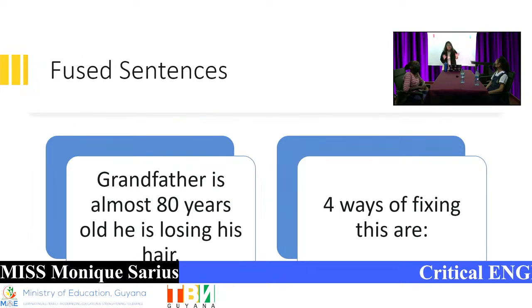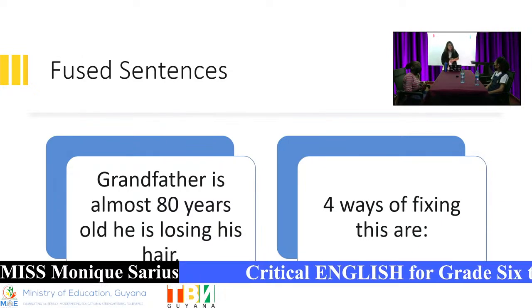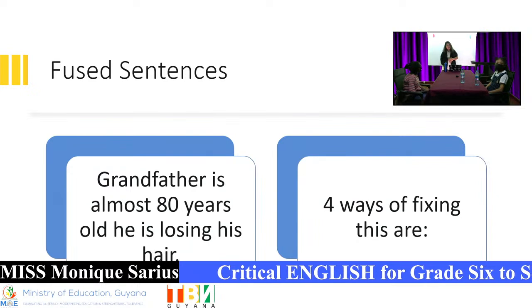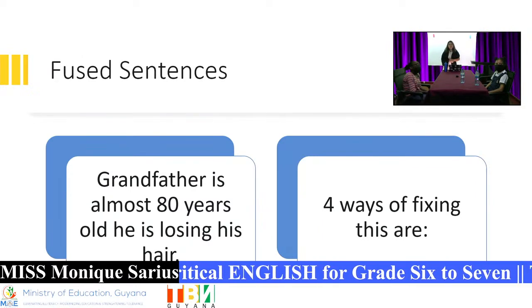Good. That's a complete thought by itself. We have a verb, we have a subject. So the other part that's there is he is losing his hair, right? So how many sentences do we have in this one here? 2. We have 2 sentences here. So the question is, how do we fix this? There are 4 ways of fixing this one.